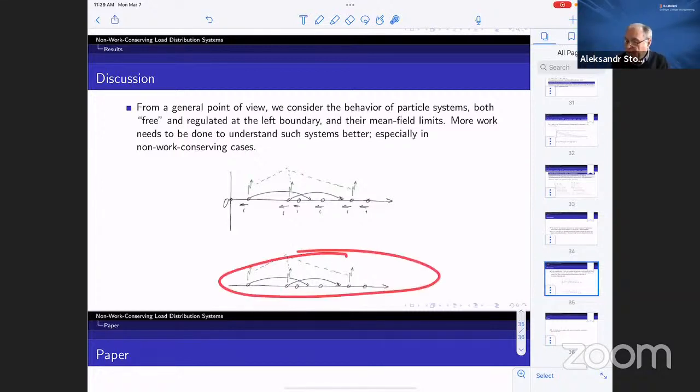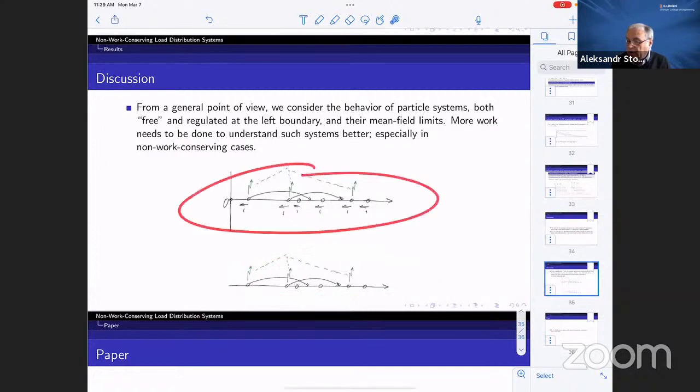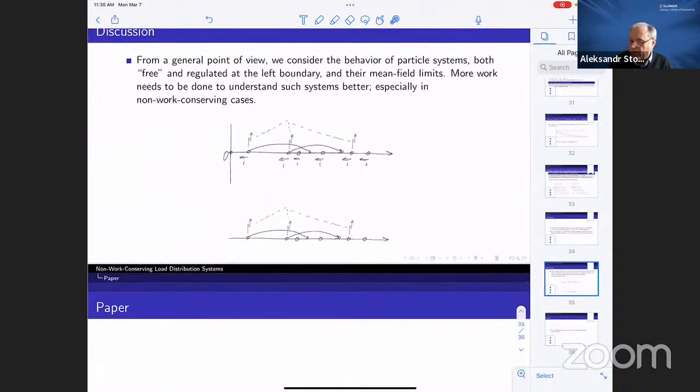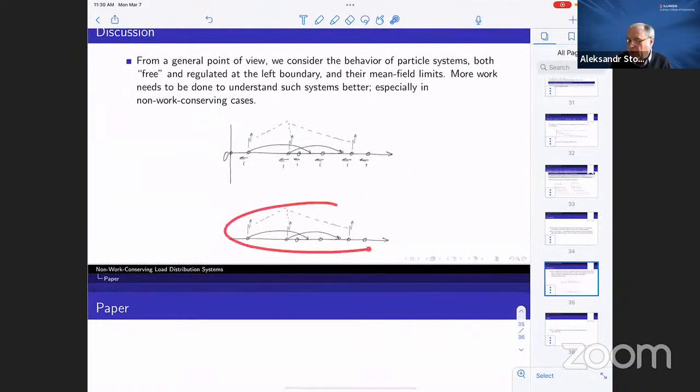And these kinds of systems, both free and regulated, have applications. So I have another paper about another line of work which looks at these kinds of systems. But what I did so far here is work conserving. But anyway, this kind of particle systems are of interest, I think.